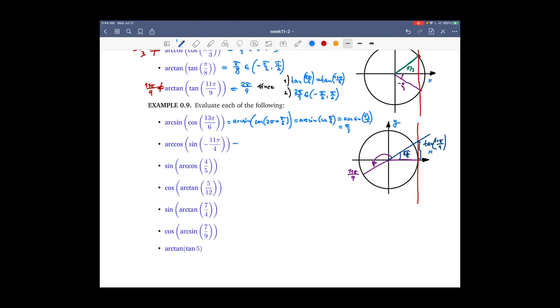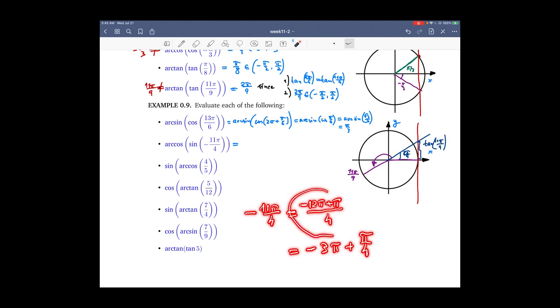In the second example, let's figure out what sine of negative 11 pi over 4 is. Where is that angle? Negative 11 pi over 4 looks to me like negative 12 pi over 4 plus pi over 4, and that is negative 3 pi plus pi over 4, because negative 12 pi over 4 is negative 3 pi.